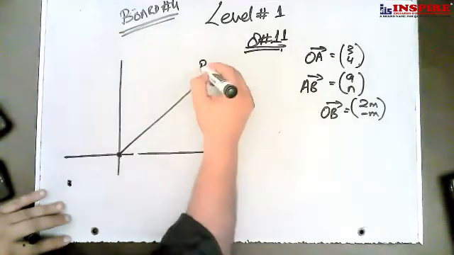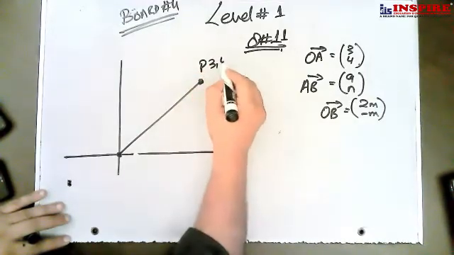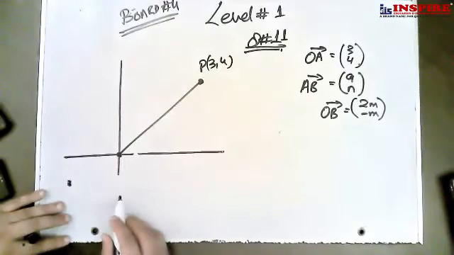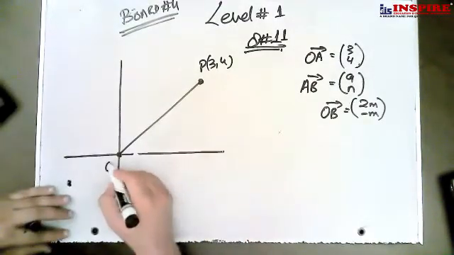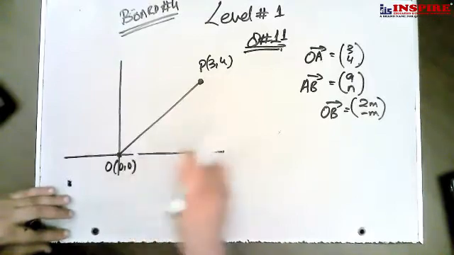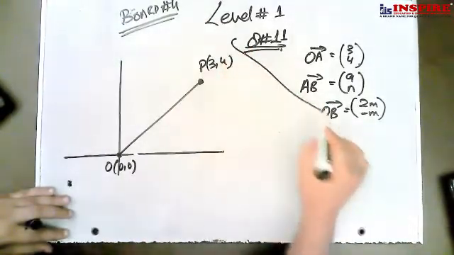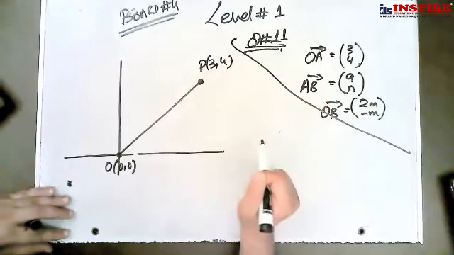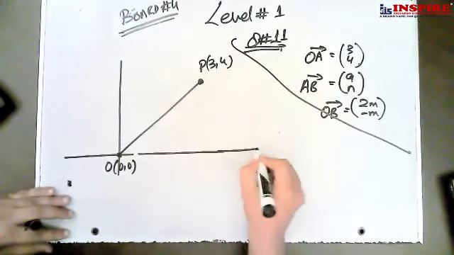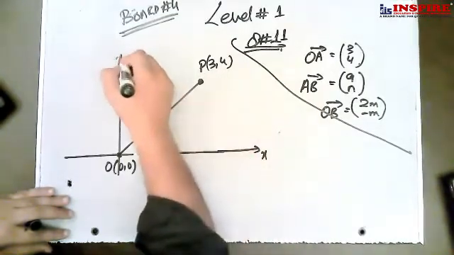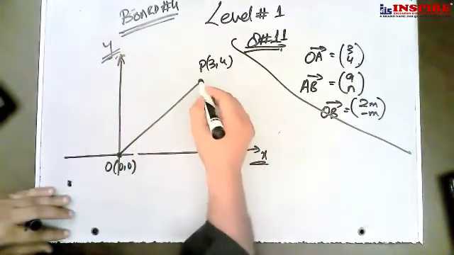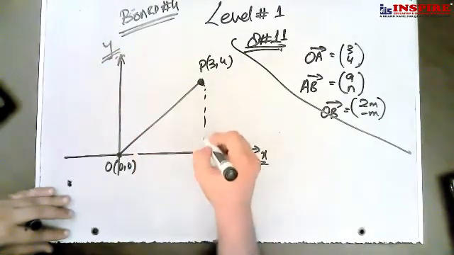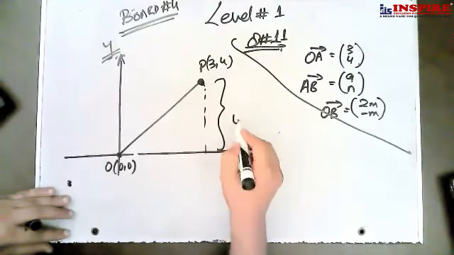Okay, this was 3, 4. So learn with me. O was 0, 0. I'm ignoring this question right now. Please concentrate on the previous board. This was your x-axis. This is your y-axis. For simplicity purposes, you will plot them as normal coordinates. This is 4.